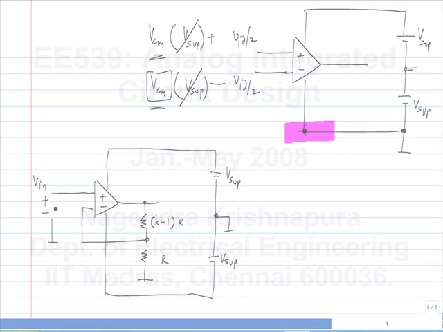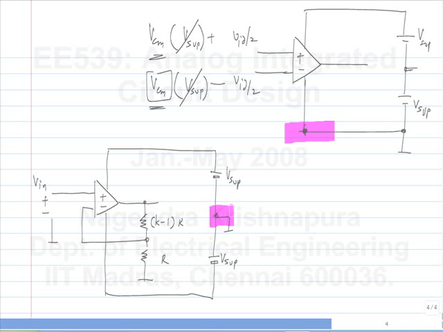So what do I do to make it work with a single supply? The input here is measured with respect to ground, where ground is this point.